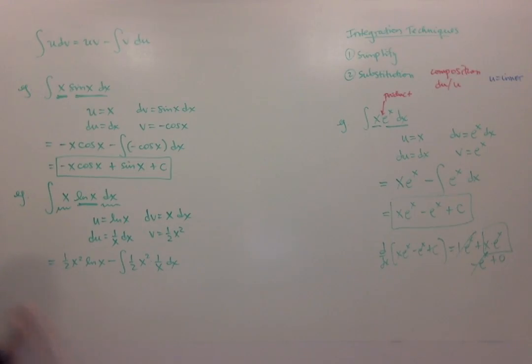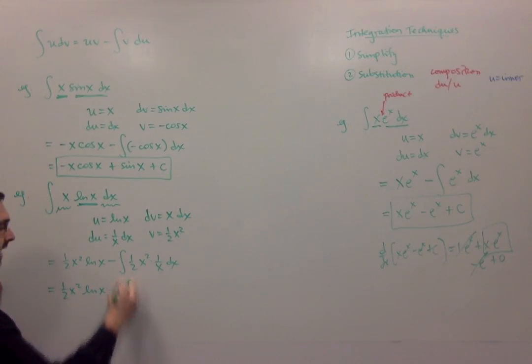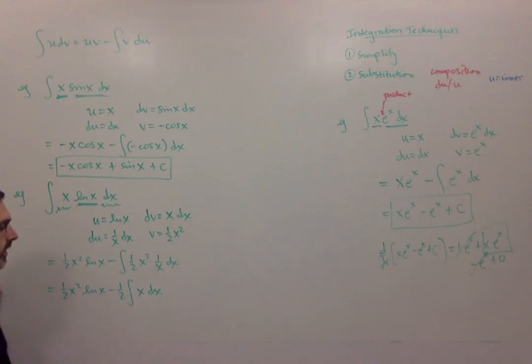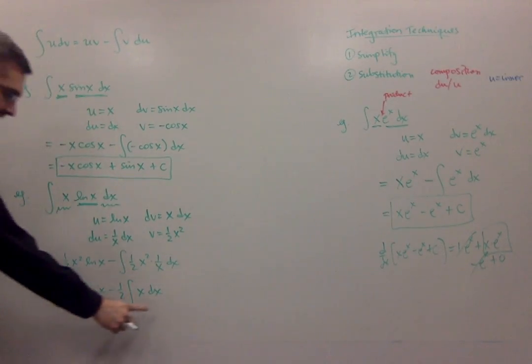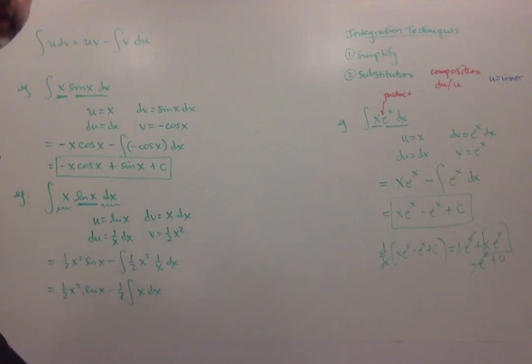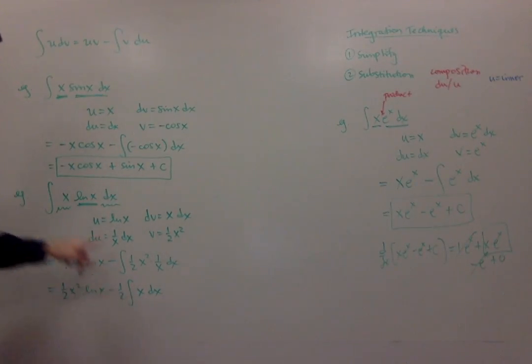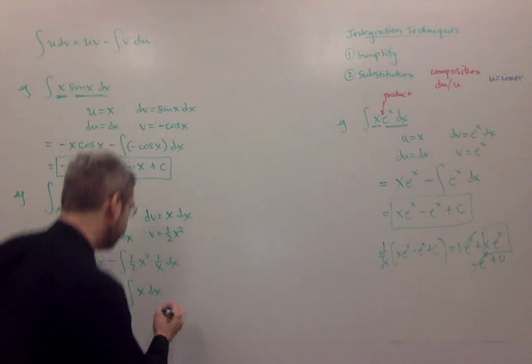Now what I want you to notice here, let's just rewrite that first term. Let's pull out the 1/2. x squared times 1/x is just x. So notice that this integral is so much better than this integral. It's so much better. In fact, this is a very easy integral for me to do.